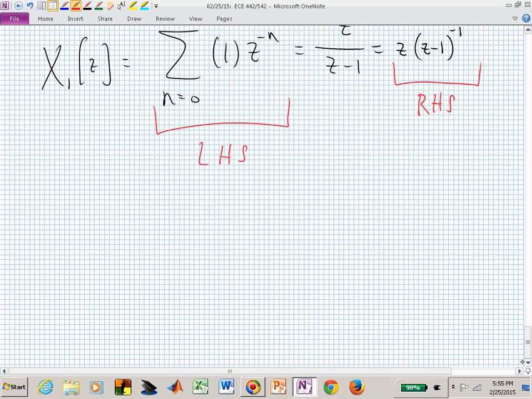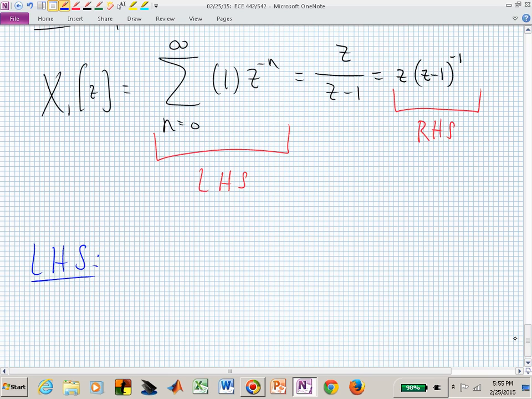That's all I'm doing. If we now look at the left-hand side, I'm differentiating this sum from n equals 0 to infinity of 1 Z to the minus n. My differentiation can go easily through that summation, or I could expand that out and think of differentiating each of these separate terms.